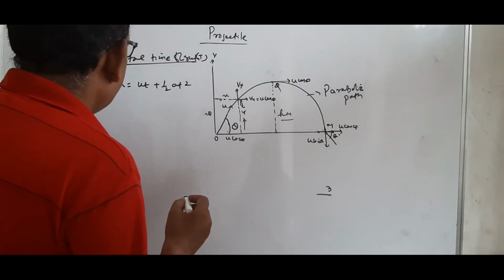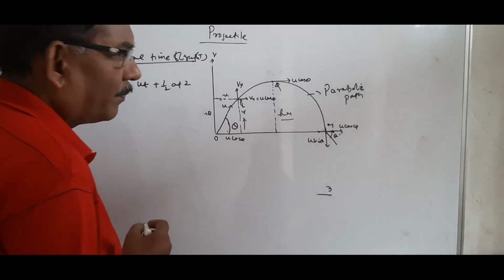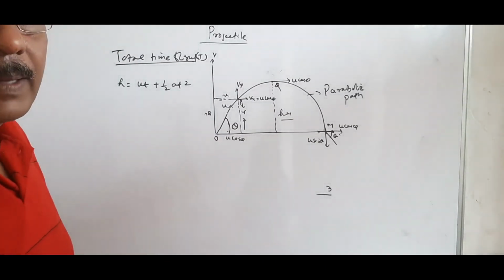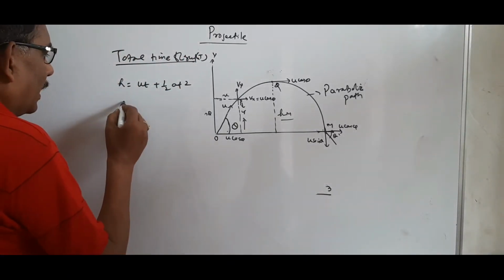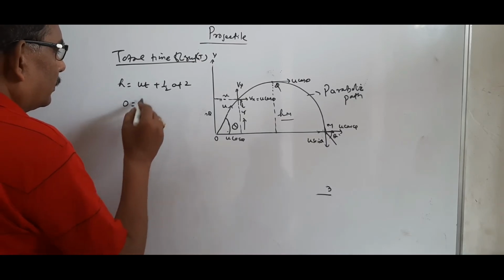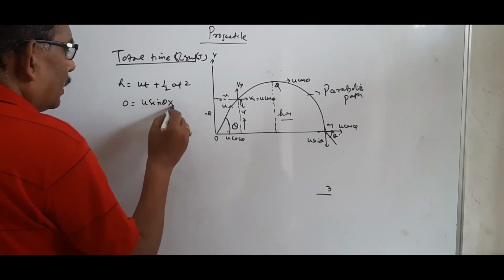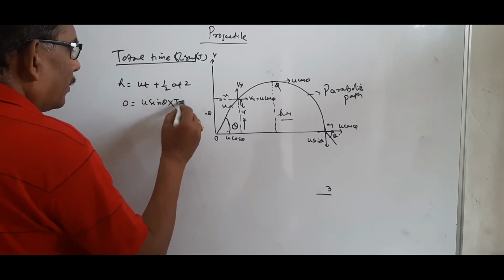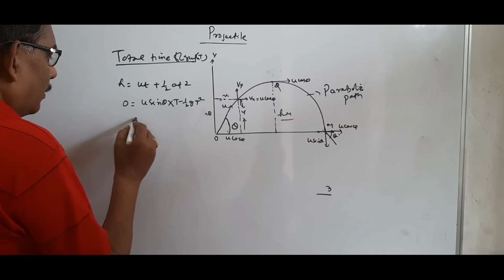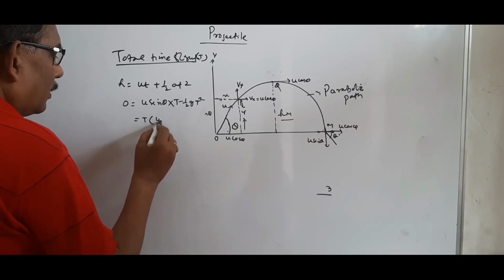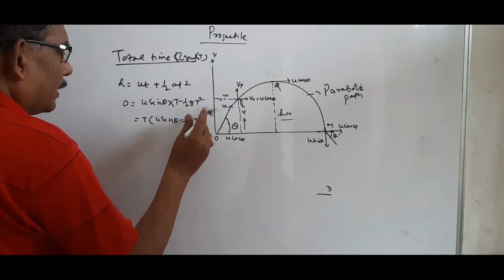So you take the equation h equal to ut plus half at square. Here the net vertical displacement is 0. So here h equal to 0. You take u sin theta, in place of t you take T, minus half g T square. By taking T common, u sin theta minus half gT.